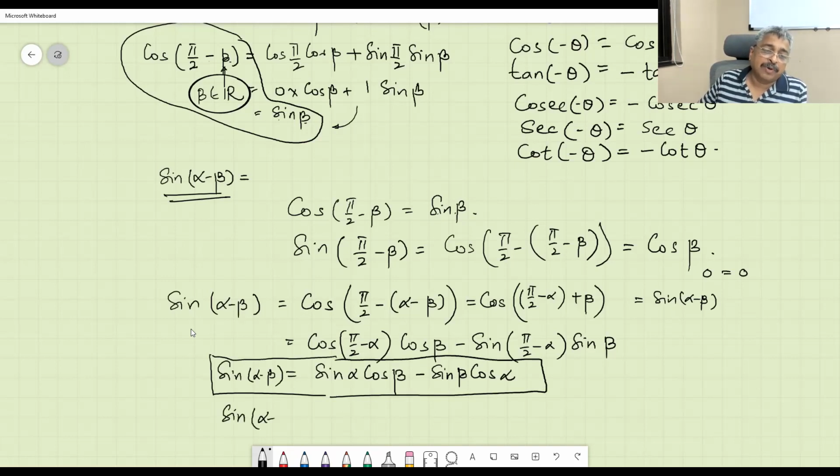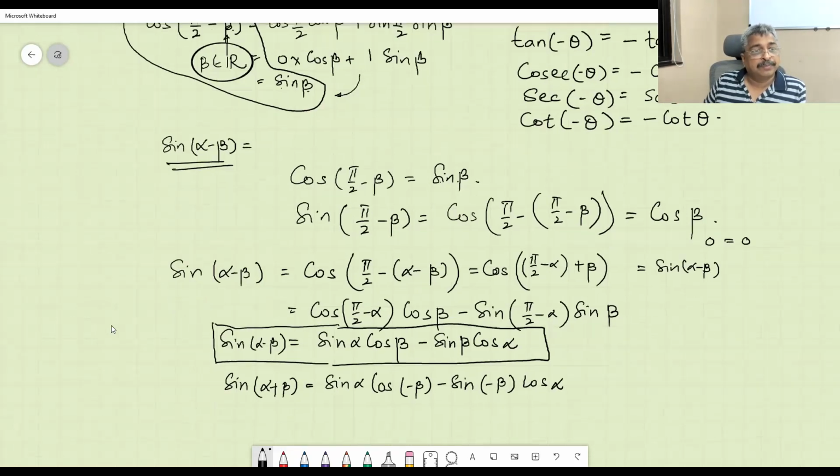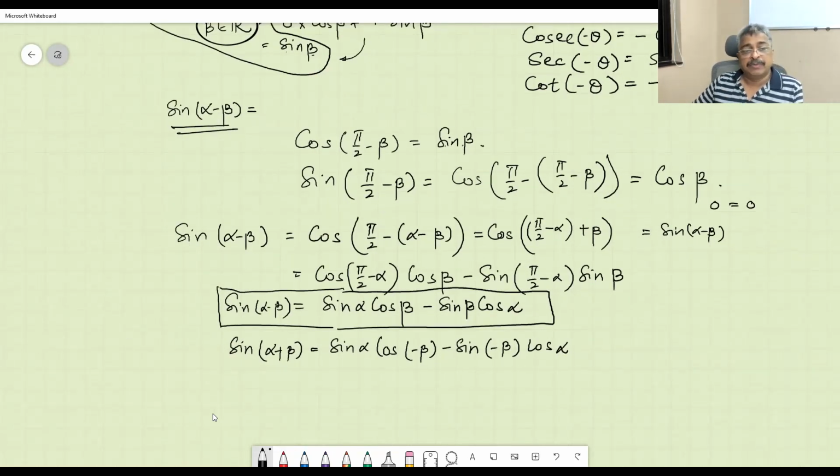Sine of alpha plus beta, which is simple. Sine of alpha cos of opposite of beta minus sine of opposite of beta cos of alpha. Because we substitute beta as opposite of beta in the earlier formula.